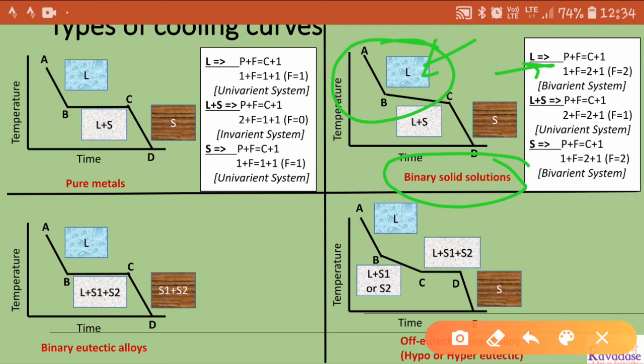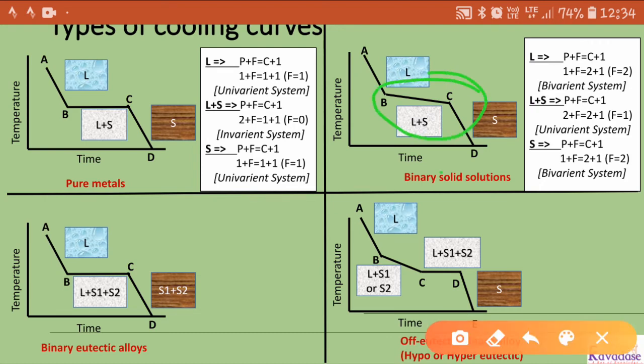So in A to B we will get bivariant system, and in B to C there are 2 components, binary means 2 components, and phases are 2, L plus S. After putting the values in Gibbs phase rule and simplifying, we will get F equal to 1, that is univariant system.